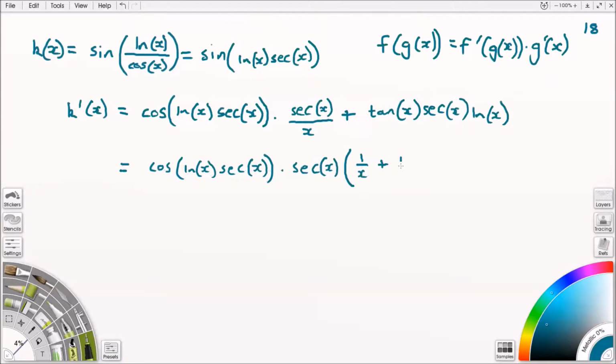And I believe this is as far as I could get it. However, if you guys got it further, please let me know in the comments how you did it, because I would be interested in knowing. Now, tan x log x.